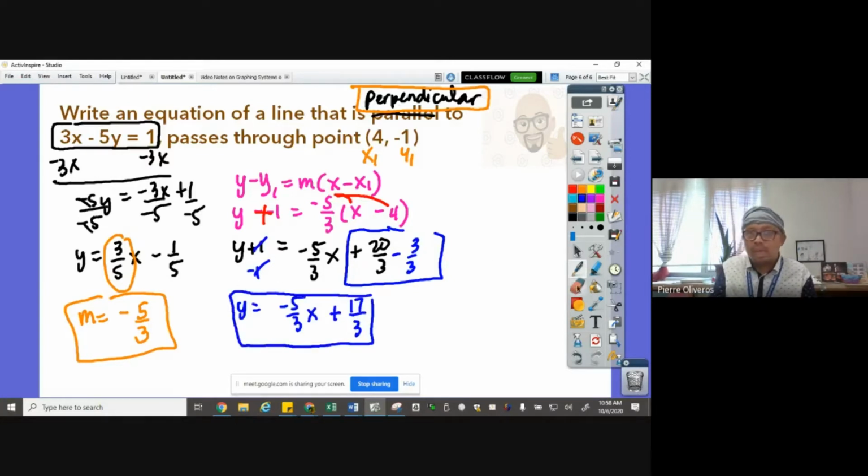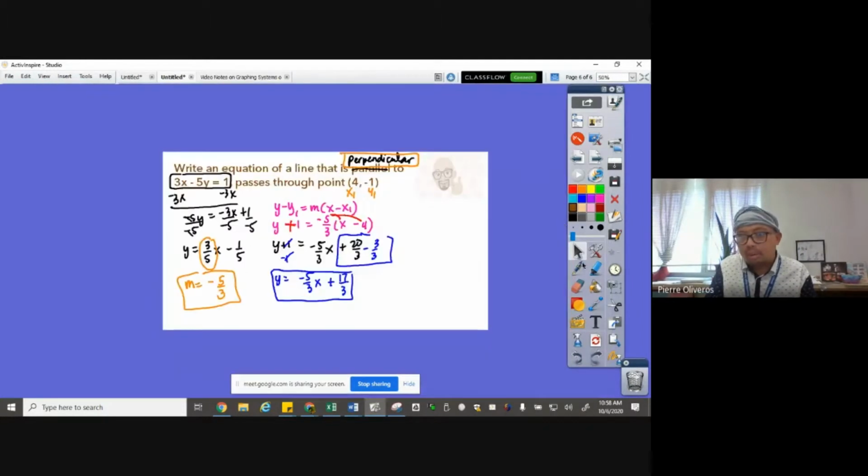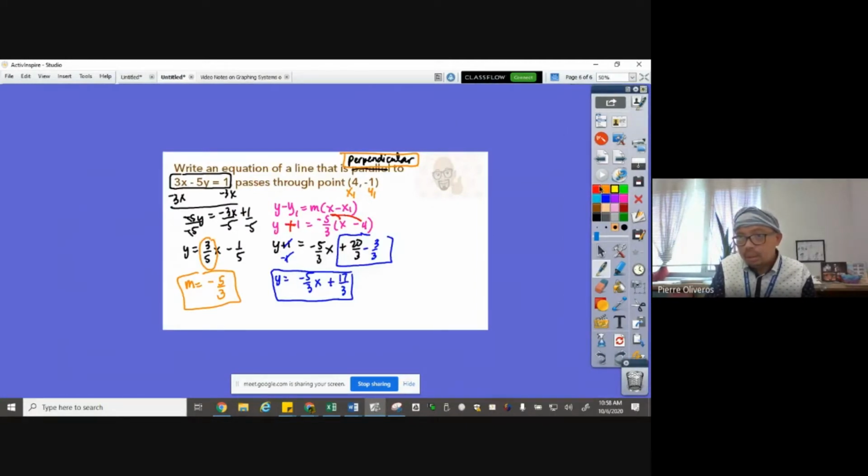And that's the equation. If you would like me to show you my way, the other way, the one I showed in the previous example, here's how you're going to do it. So when we're ready, I have y plus 1 is equal to -5/3 times x minus 4. I will multiply the -5 to the right and the 3 to the left. This will give me 3y plus 3 is equal to -5x plus 20.